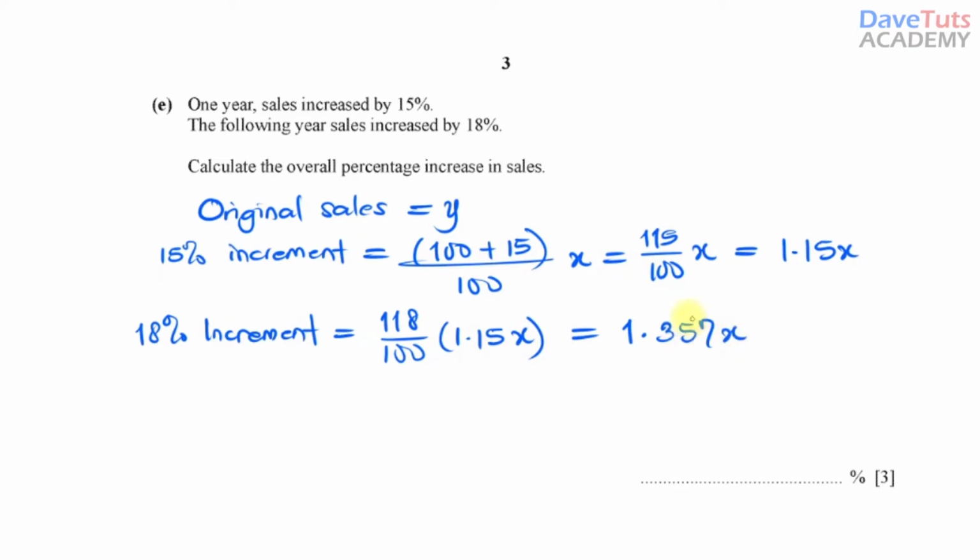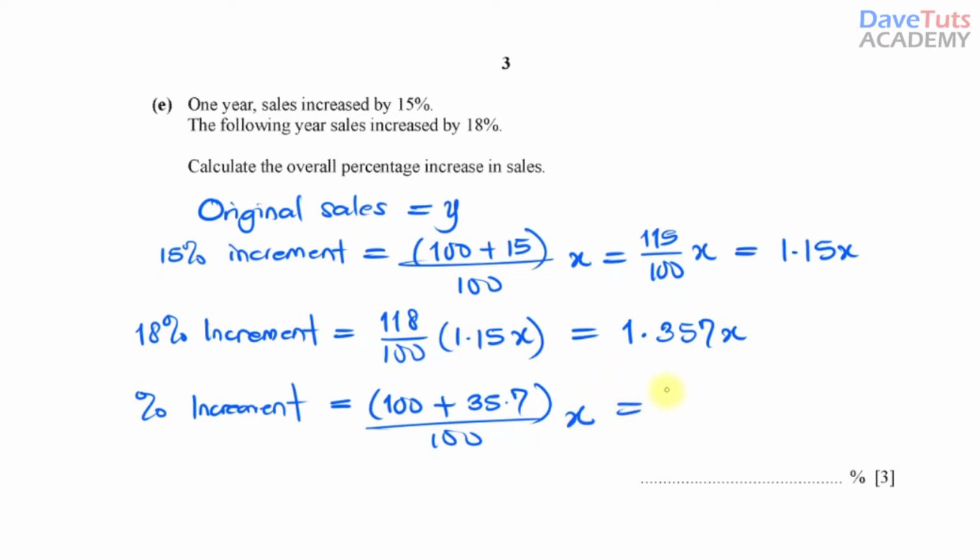1.357x. And now we want to reverse engineer. That means we are saying that the percentage increment is actually equal to 1.357, which means we are saying 100 plus 35.7 percentage increase in x.